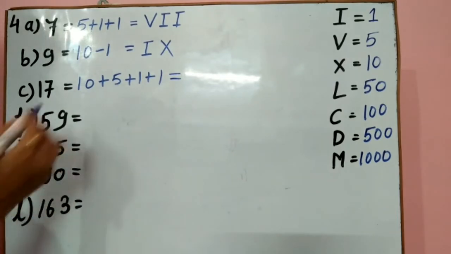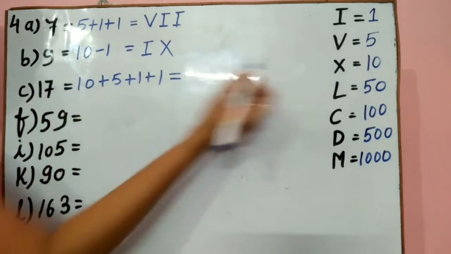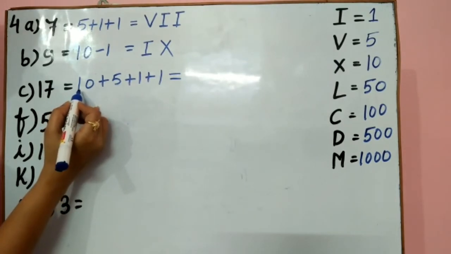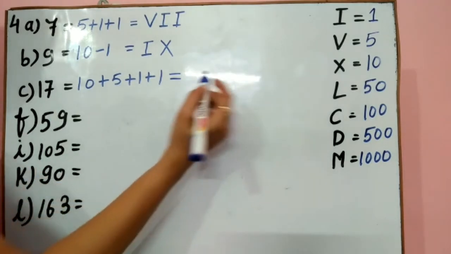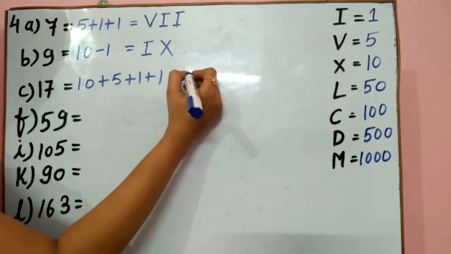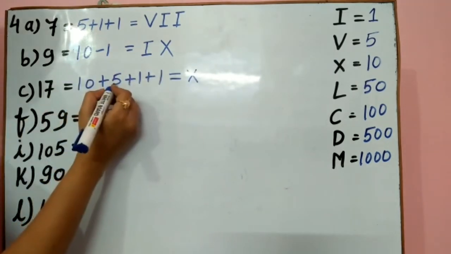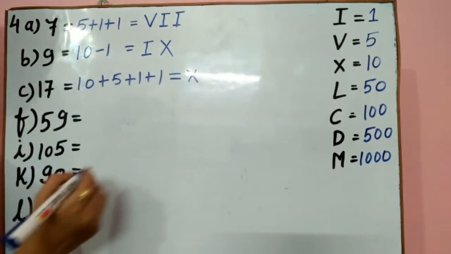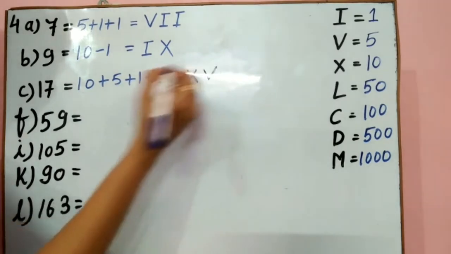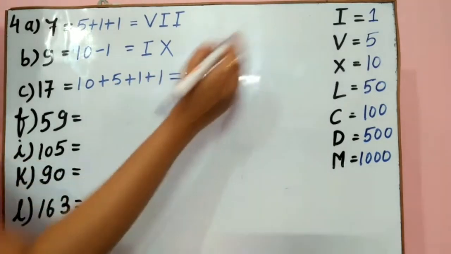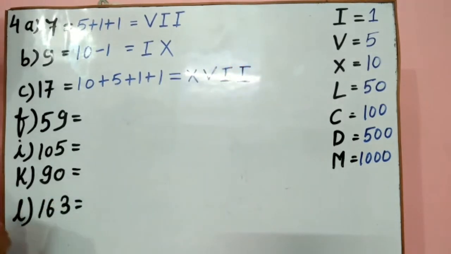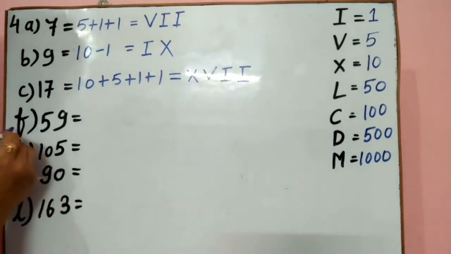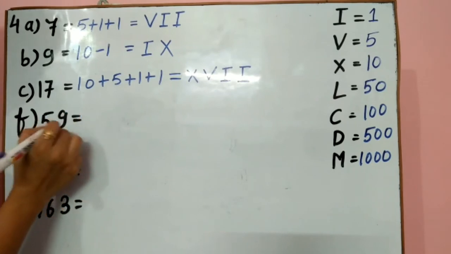We are adding, so X has 10, V is the value of 5, and 1 is the value of I. 1 is 2 times, that's why we will write I 2 times. Understood?